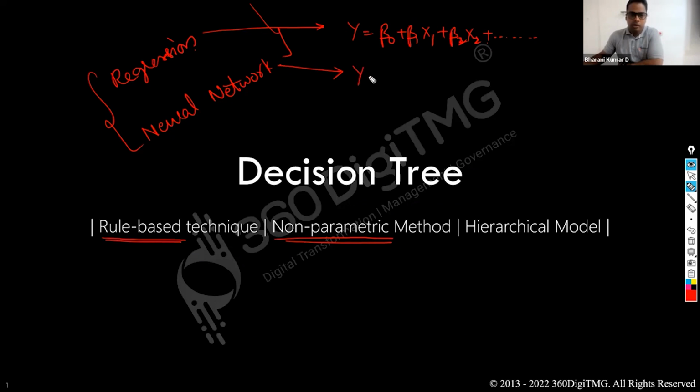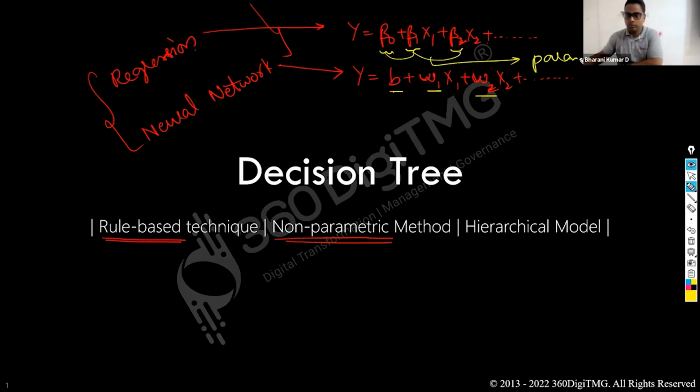Then, when it comes to neural network algorithms, you have W1 X1 plus W2 X2, and so on and so forth. And these beta values or these B values are called parameters. All of these are called what?